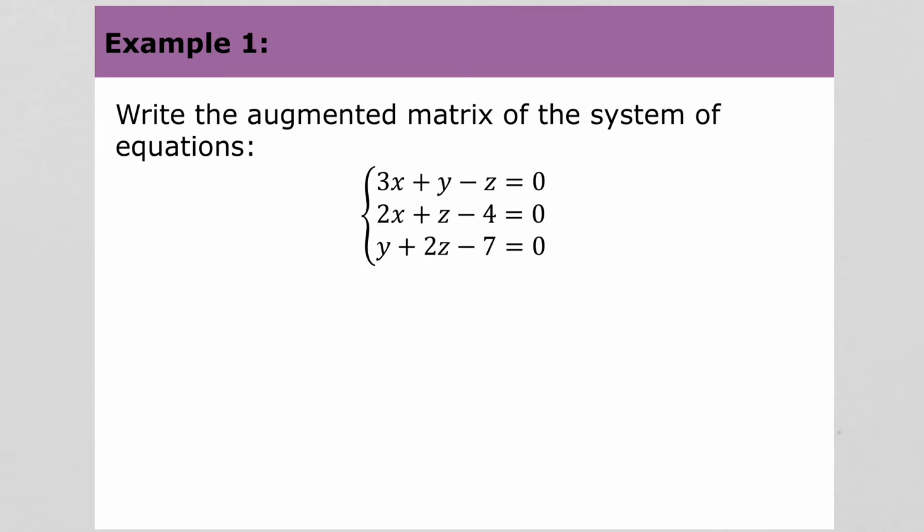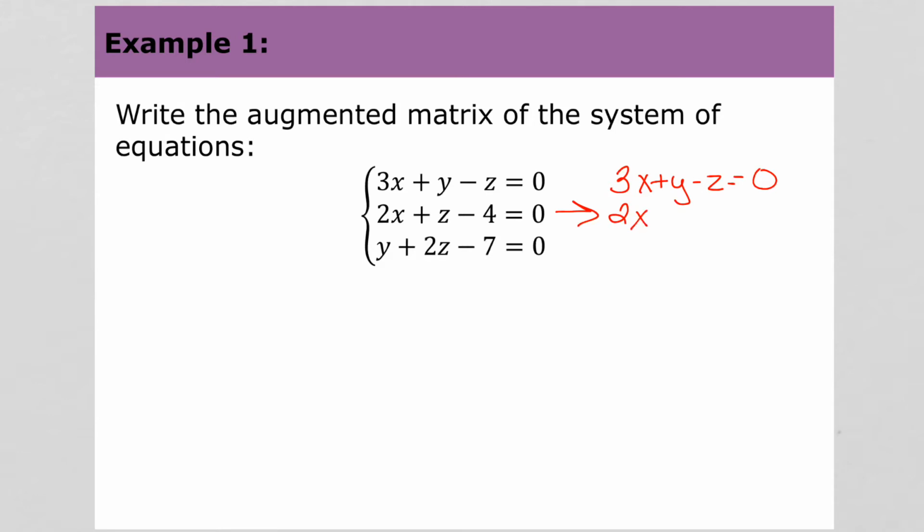So if we want to write example 1 as an augmented matrix, what we first need to do is make sure that this system is in the correct form. We need it x, y, z equals, okay? So the first row is 3x plus y minus z equals 0. So that one's all good. But the second row is not in order, so we need to put it in order.